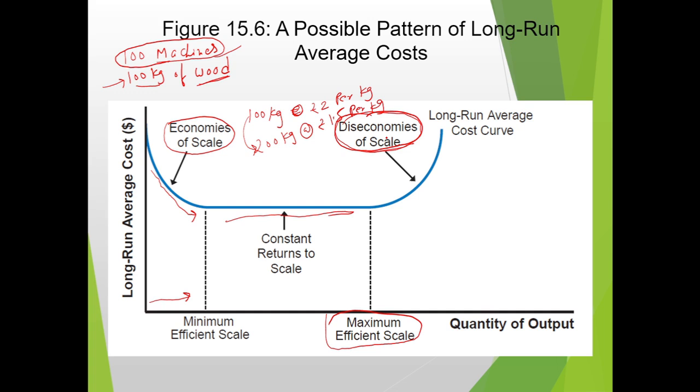Now the company is very large, it has a lot of departments. Now there may be lack of coordination among departments that may lead to an increase in long run average cost, right? So when there are economies of scale, the long run average cost will fall, and when there are diseconomies of scale, the long run average cost will increase.